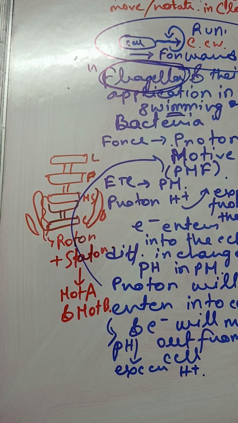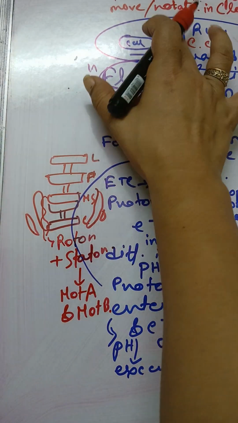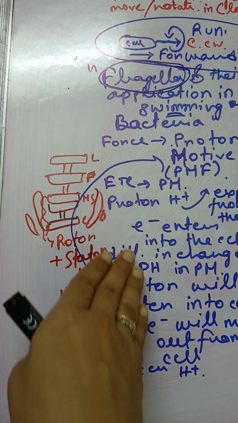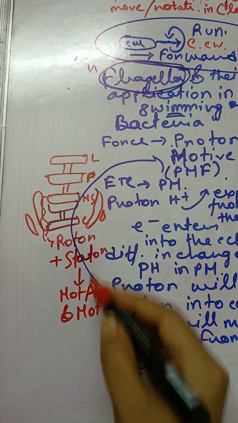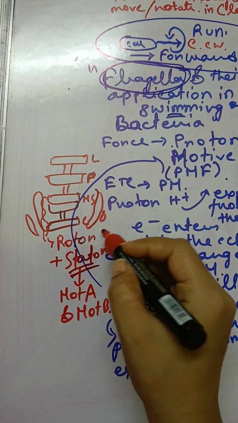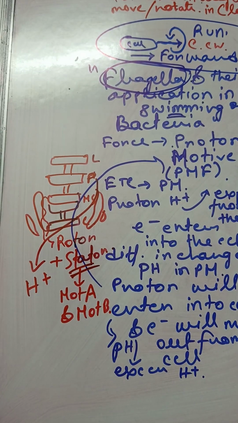Now what happens here: I have already told you about the proton motive force, and during flagellar movement, what is important is that electrons move out from the cytoplasm and protons enter into the cell. That will generate the proton motive force, because there is a gradient in pH and charges. So the rotor basically helps to rotate, and the stator basically helps to enter the protons inside the cell during the swimming motility with the help of flagella.